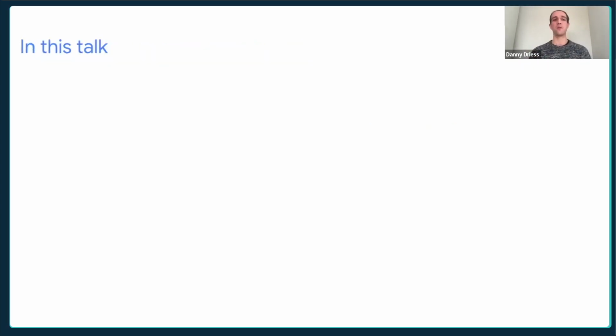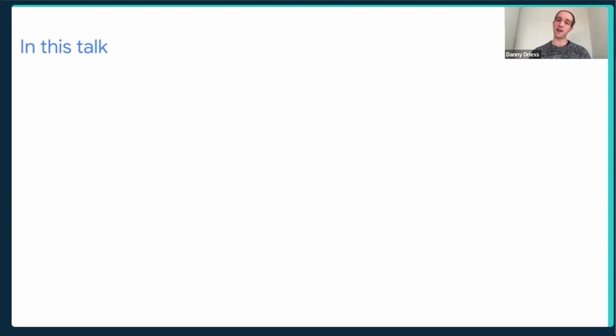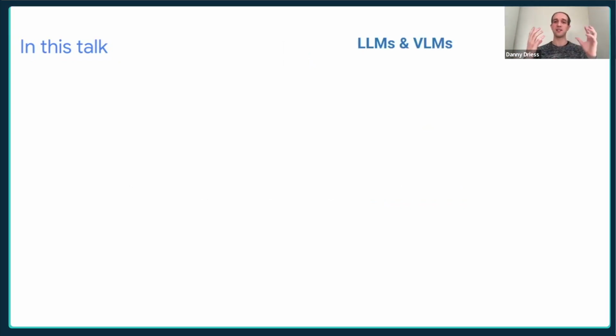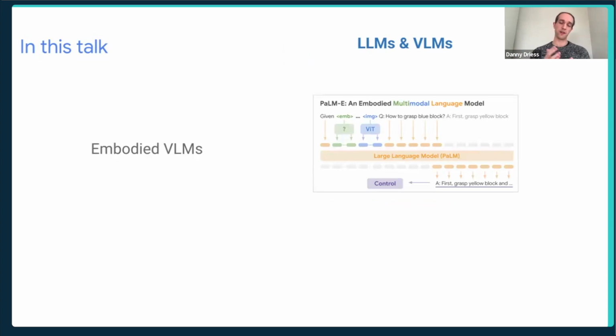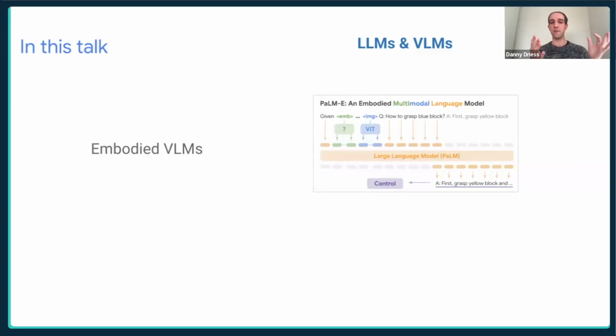And in this talk, I will share the journey of how we ended up there. I want to start with how we can take the lessons that we've learned from LLMs and VLMs and transfer them into the embodied domain. The first project I want to talk about is Palmy, which basically took an LLM and put it onto a robot.